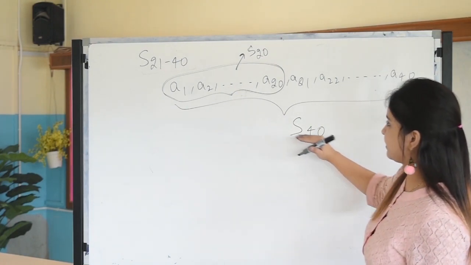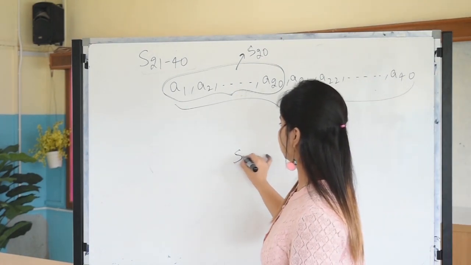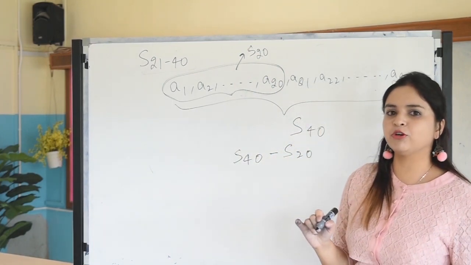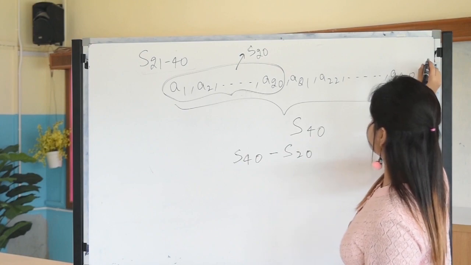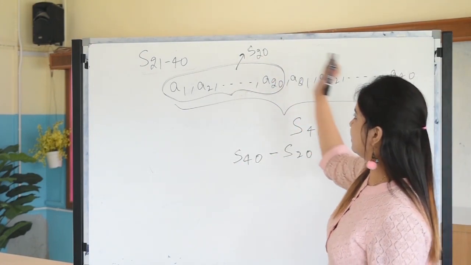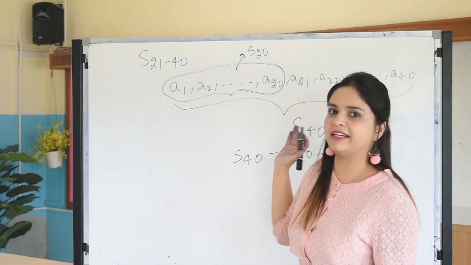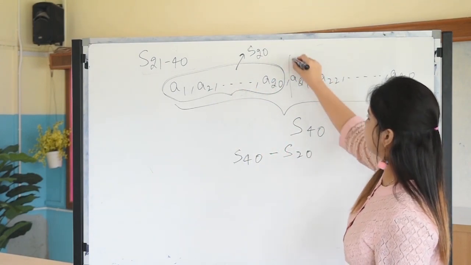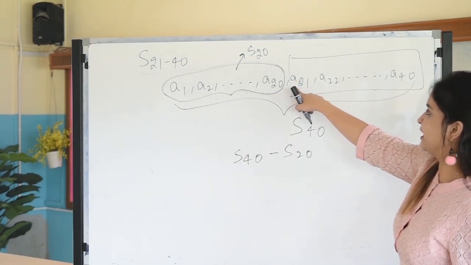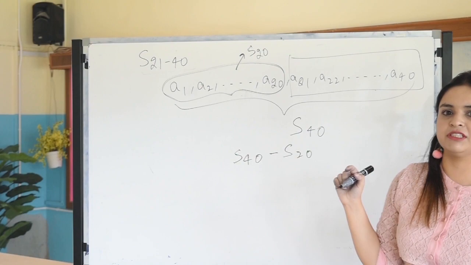Now if you subtract S20 from S40, what will you get? If I subtract the first 20 terms from the whole 40 terms, I will be left with the last 20 terms, which are from a21 to a40.